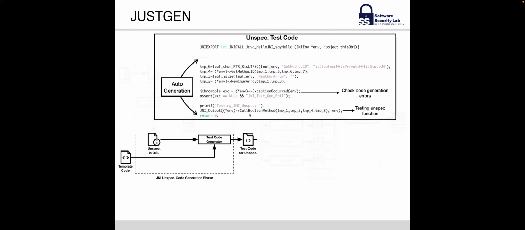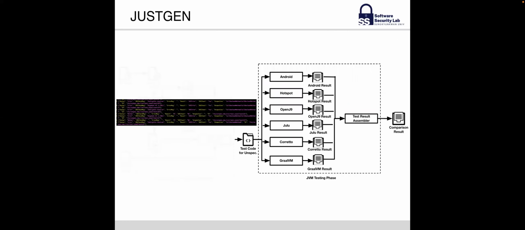So these codes are automatically generated by this test code generator module, and this code triggers the behaviors of the unspecified cases that we have found in the previous phase using the SMT solver. And by running these test programs on different JVMs and comparing the results, we identify bugs in the JVMs.